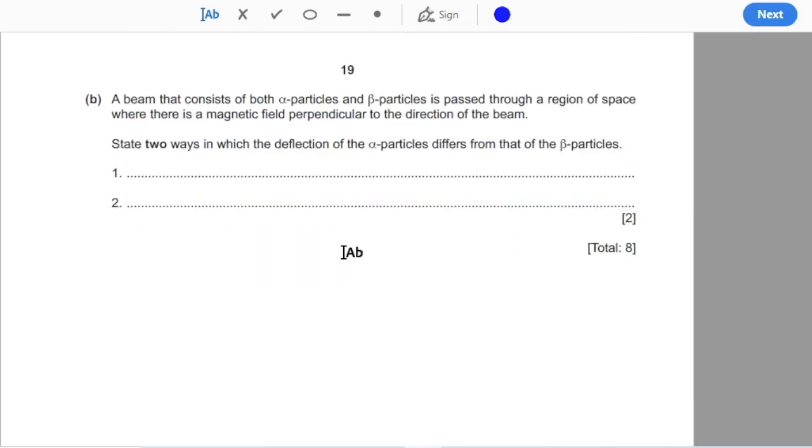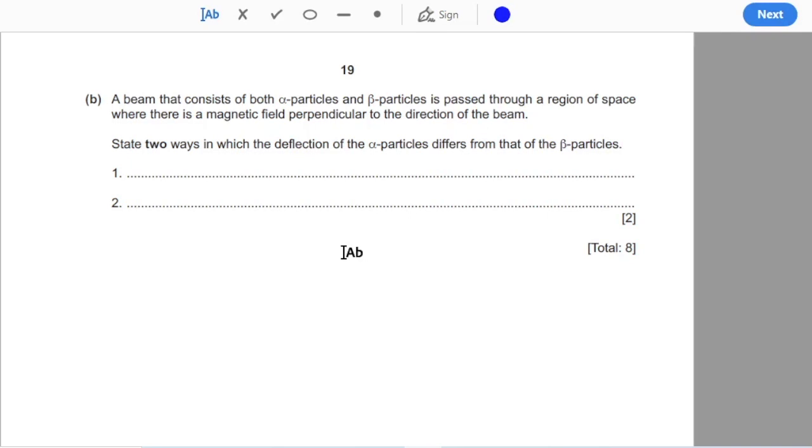Part B, a beam that consists of both alpha particles and beta particles is passed through a region of space where there is a magnetic field perpendicular to the direction of the beam. State 2 ways in which the deflection of the alpha particles differs from that of the beta particles. Okay, so as you know, the alpha particles, they contain 2 neutrons and 2 protons, while beta particles are just one electron.